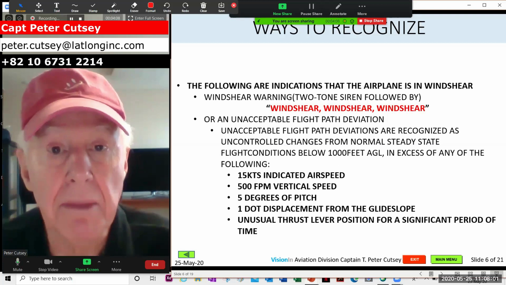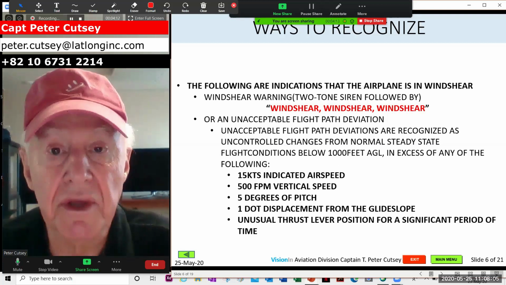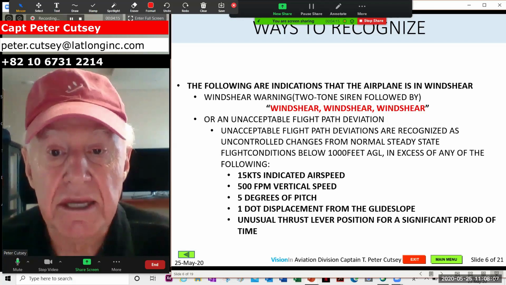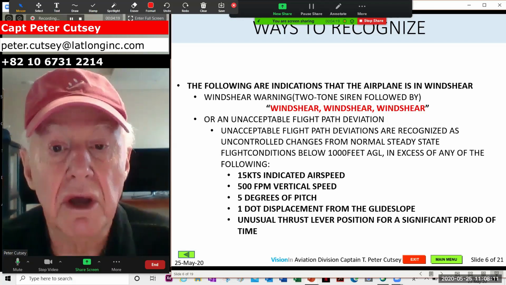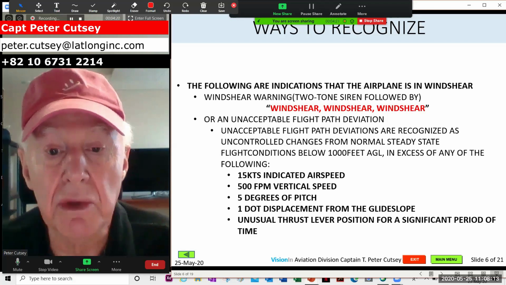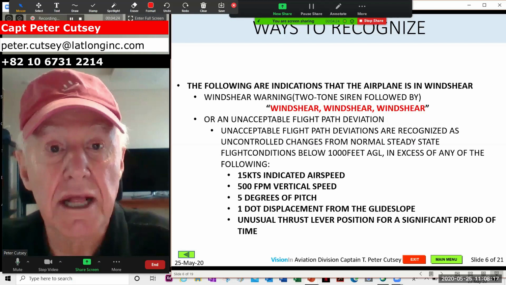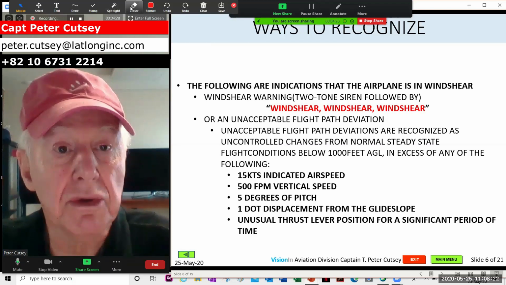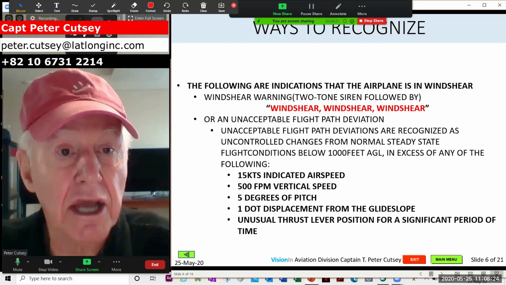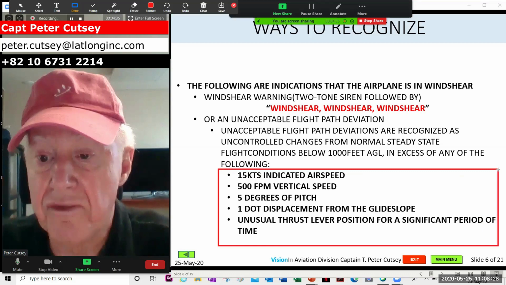I have found through my experience in flying and also observing in the simulator that very often you will not get the wind shear warning. You will get the 15-knot change of speed prior to that, and your reaction should be on these indications if you get them.